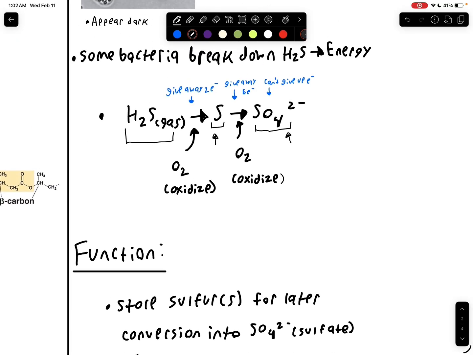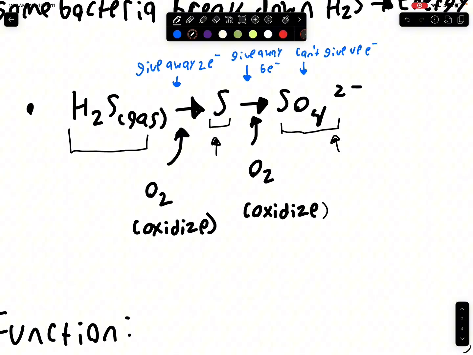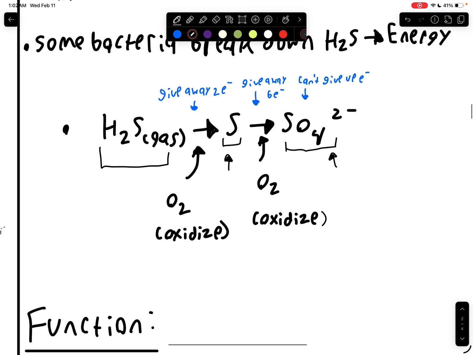So basically, they're just rationing. Instead of using up all of your H2S to get your sulfate over here, your SO4 2-, you just keep it as sulfur, right? Remember how sulfur gives away 6 electrons? It's a lot of energy, right? Versus over here, you've given up 2 electrons.